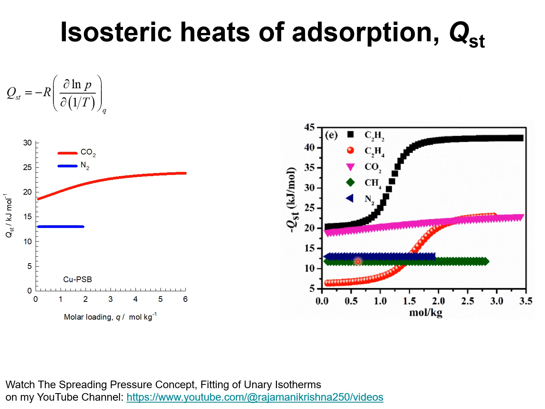These are plotted here, and I invite you to watch my presentation on the fitting of unary isotherms and the spreading pressure concept on my YouTube channel for further background on why I prefer using isotherm fits with temperature dependent Langmuir parameters to determine QST rather than the virial fits that are commonly used in the literature.